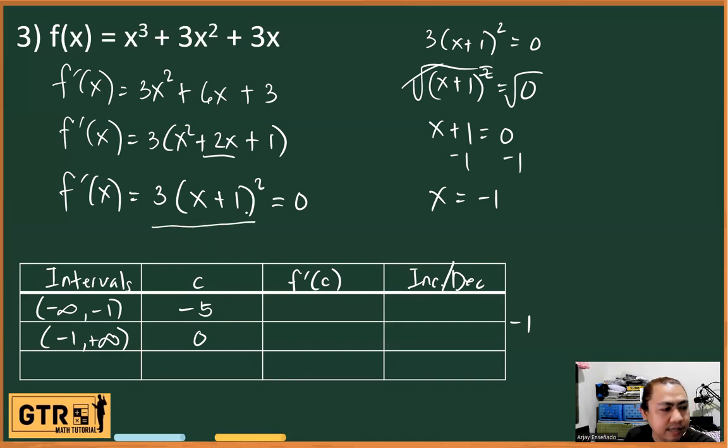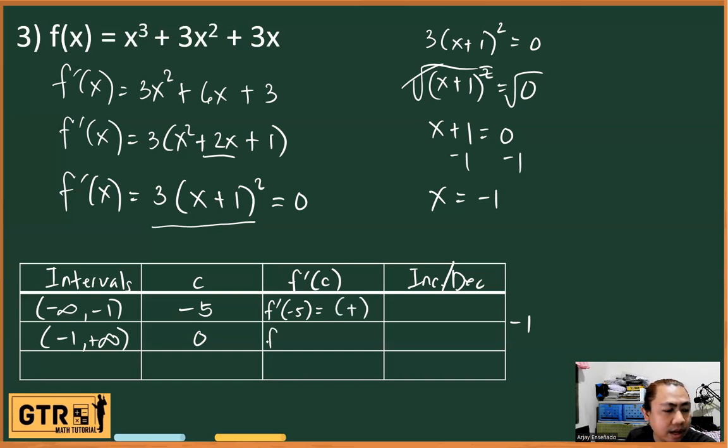Okay, so just substitute negative 5 to this. So we have f prime of negative 5. So any number that we can substitute here will be positive because of this square. So for f prime of negative 5, we have negative 5 plus 1, that is equal to negative 4, and naka-square, so therefore positive.